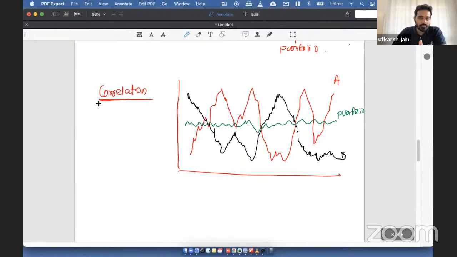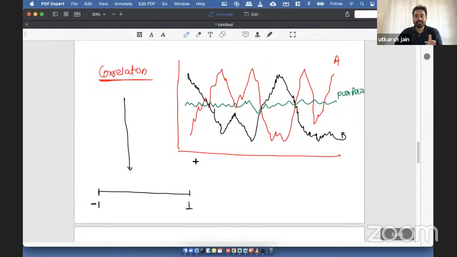Again, I don't want to get too much into basic statistics today, but very broadly, the way you want to think of this number is generally between a range of -1 to +1. So when I say correlation between stock A and B is, let's say, +1, what does it mean? +1 means they're always together.